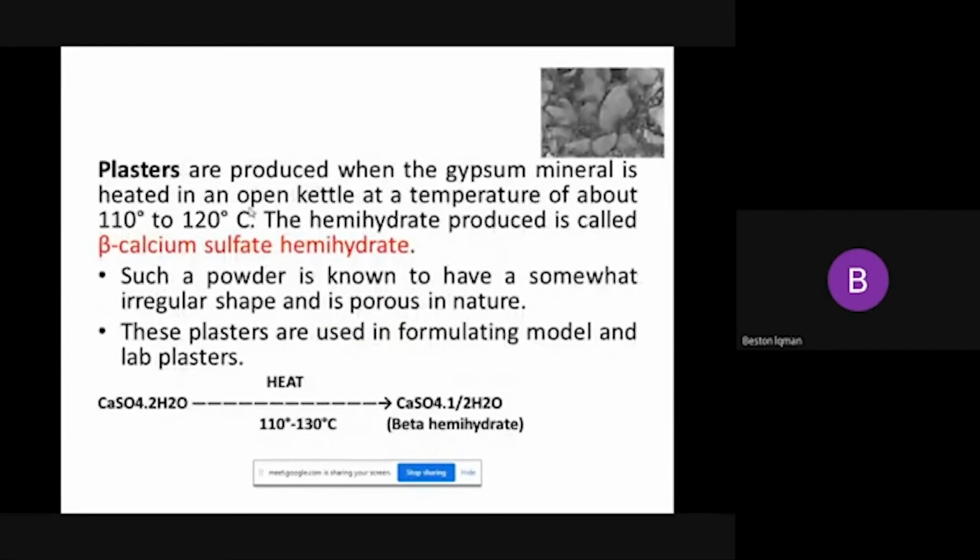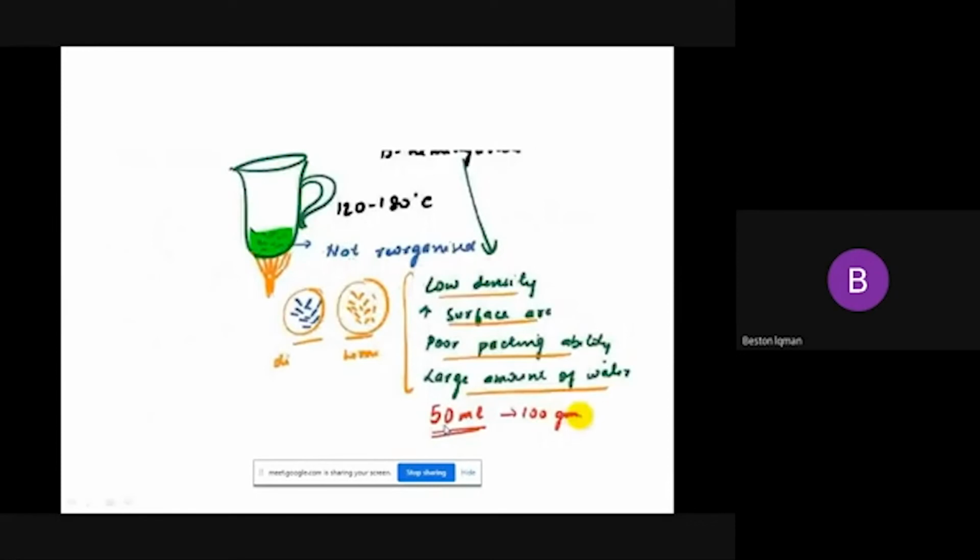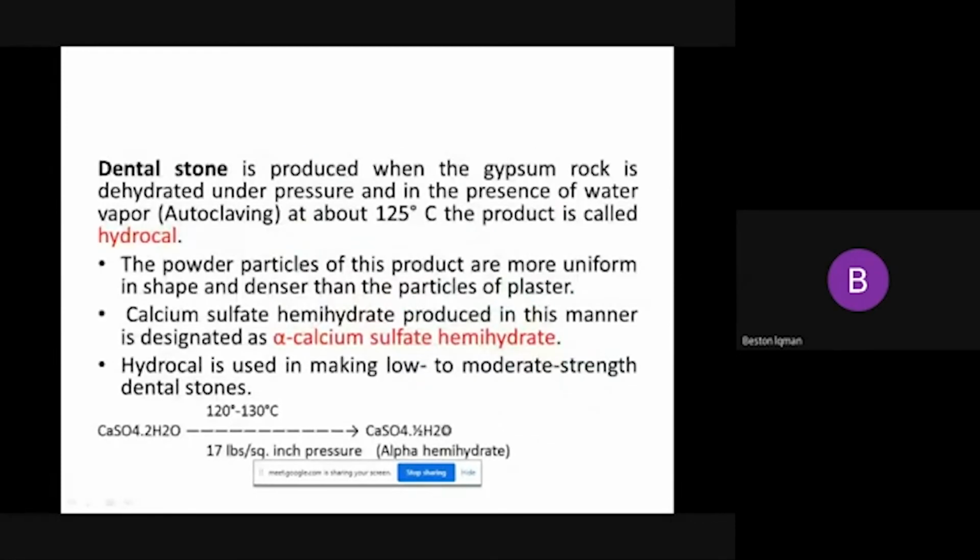The raw material of gypsum is CaSO4.2H2O. When you heat it, it can be converted to dental plaster. It's a beta hemihydrate. While how do you construct the dental stone?